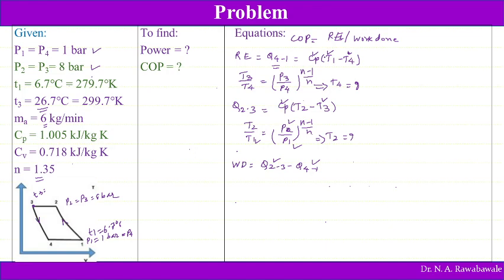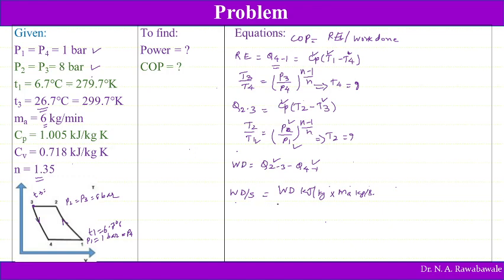Or else this can be obtained as specific power. Now power is nothing but work done per second. So work done in kilojoules per kg into mass flow rate in kg per second, then we will get this as power.